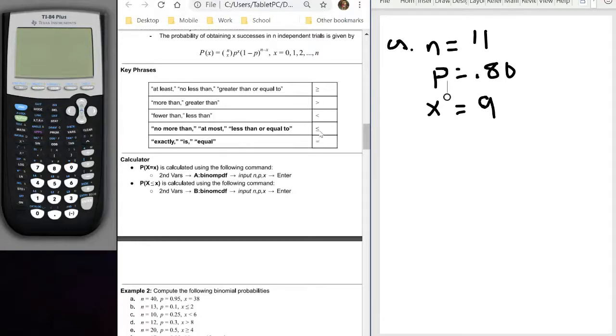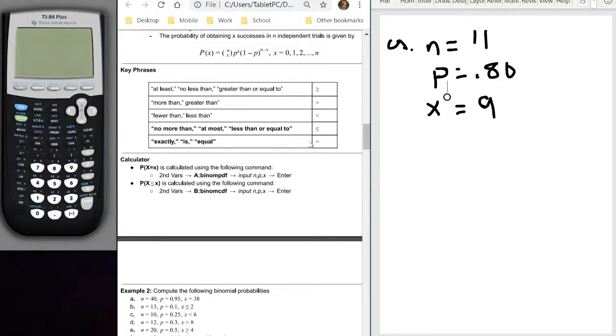These are very good symbols, because the calculator can handle these types of probabilities. For keywords like exactly, which translates to equal, we're going to use a calculator function in order to find the probability.